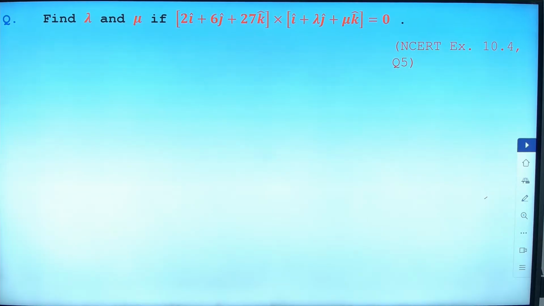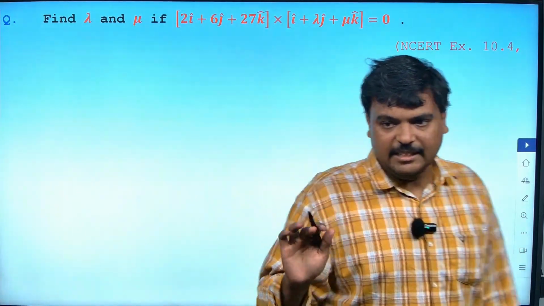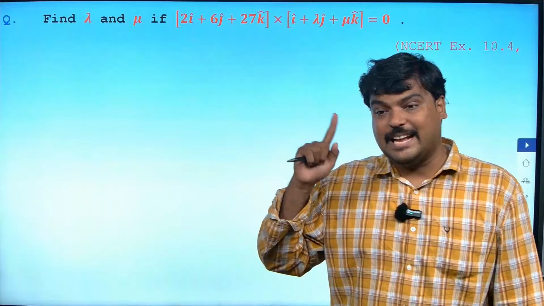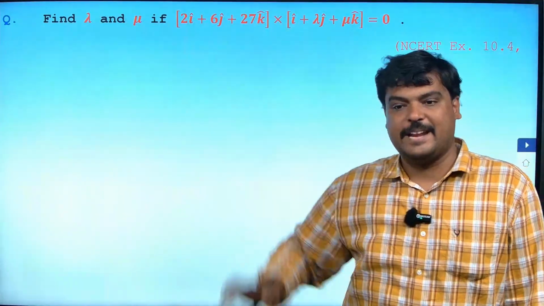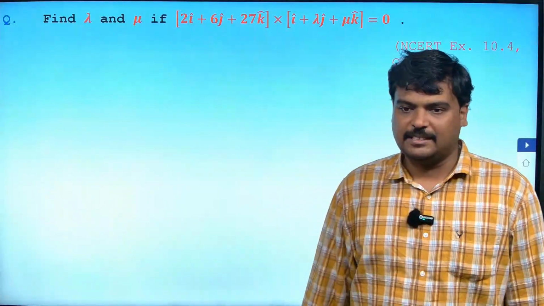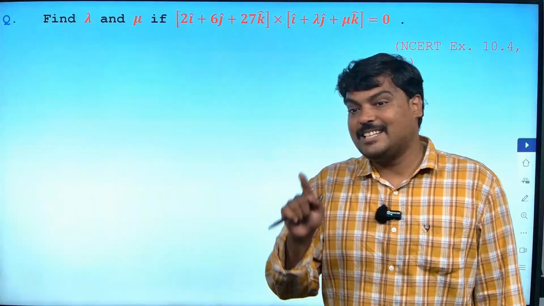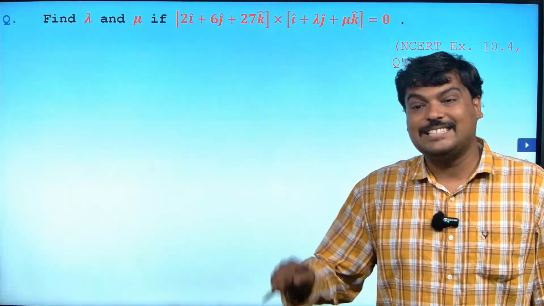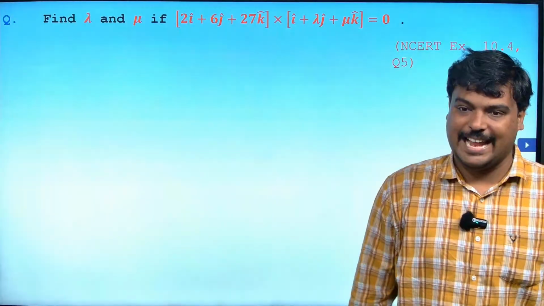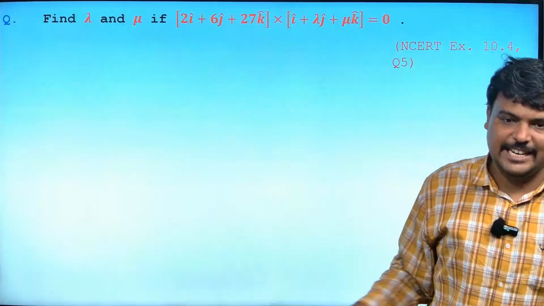Anything else is what? 0. In the dot product, i dot k, i dot j, all of those are 0. That's why when doing the dot product, I multiplied only the matching two components and added, and the rest were eliminated. But when it comes to cross product, what is i cross j? k. What is j cross k? i. What is k cross i? j.